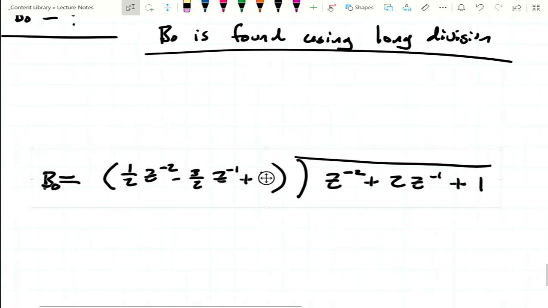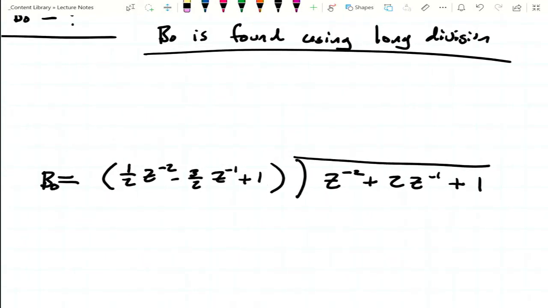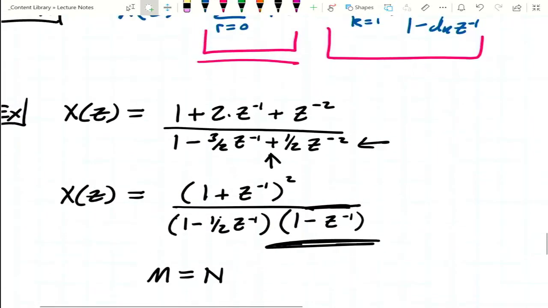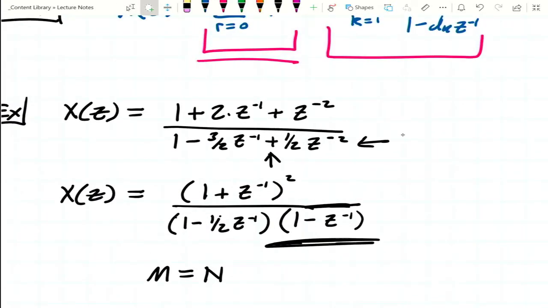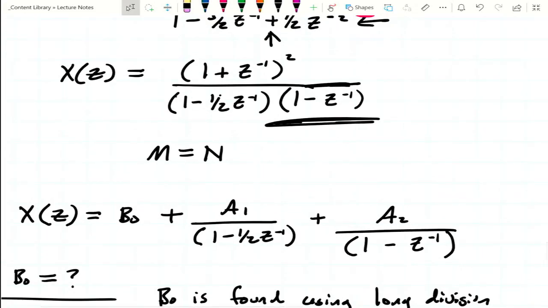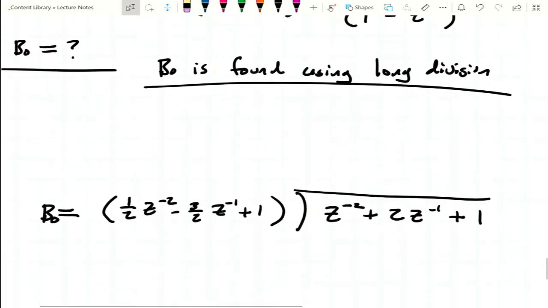Okay. So, to find b sub 0, just to recap, we're going to take our original expression and just do the division, right? We're going to do this guy, the numerator divided by the denominator, and what's left over is going to be our b of 0. So let's take a look at what that looks like.